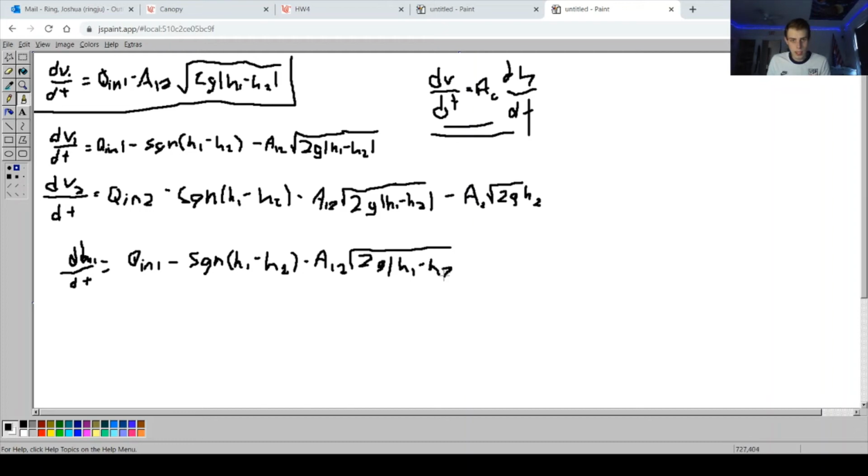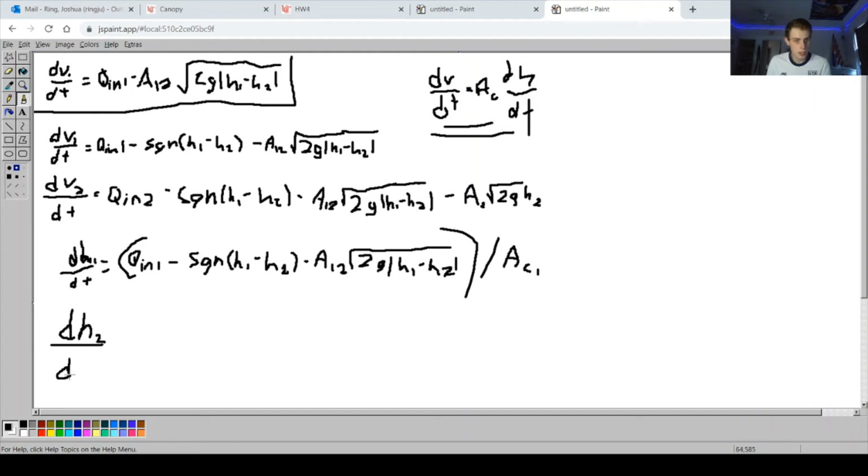And then we just take this, and it gets divided by our AC, the cross-sectional area, which is different for tank 1 and tank 2, so they have their own cross-sectional areas. So it'll be AC1.